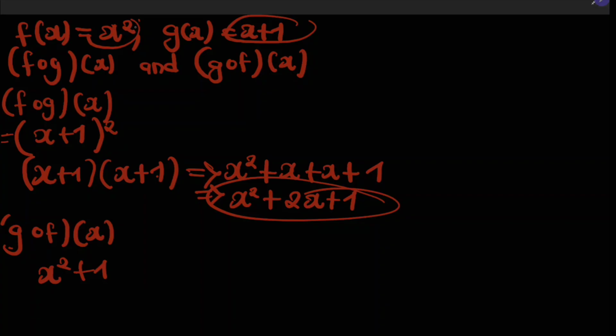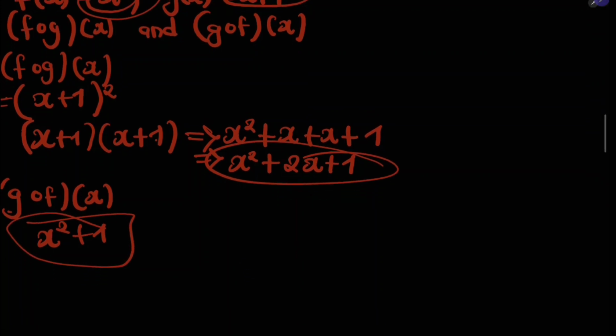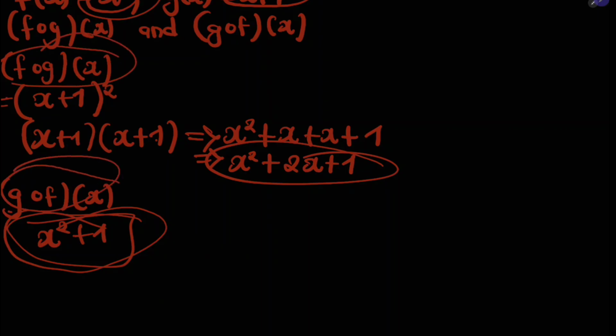Remember, we are replacing x in g of x with f of x. That is why we have x squared plus 1. So this is what we have. And as I earlier said, composition is not commutative. That is why we are having different answers for f of g of x and g of f of x.